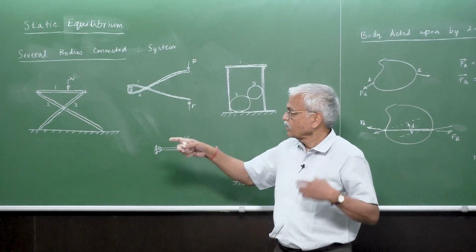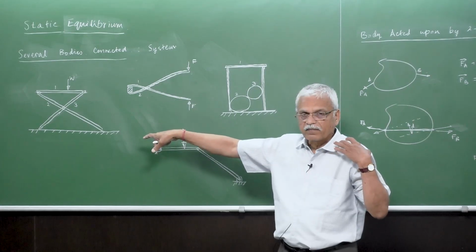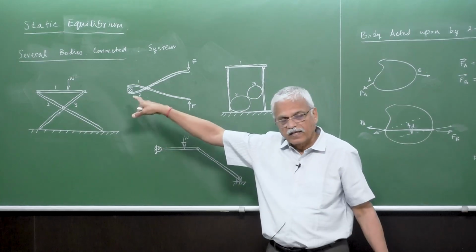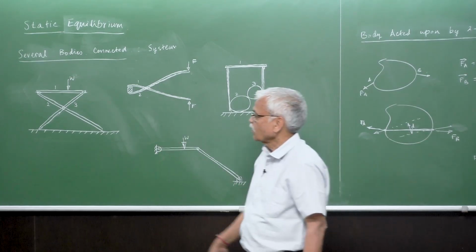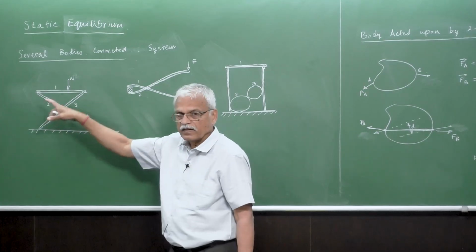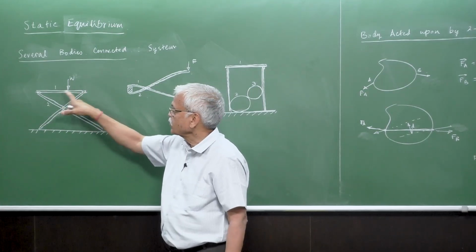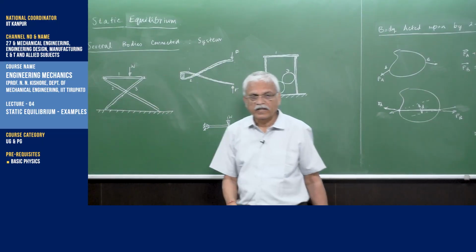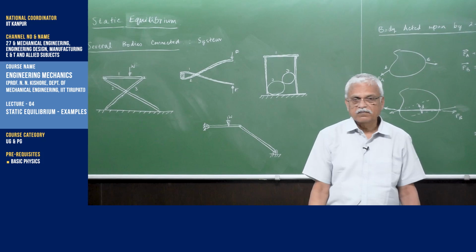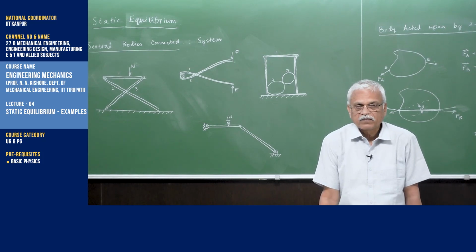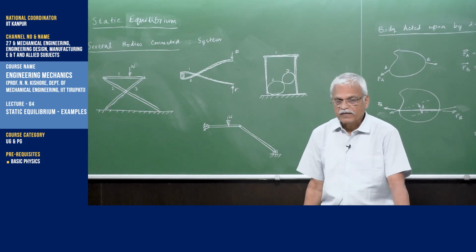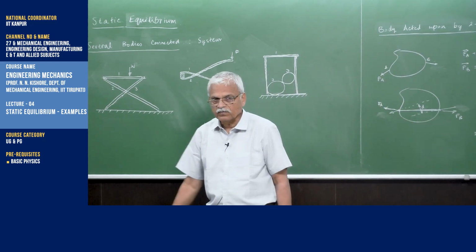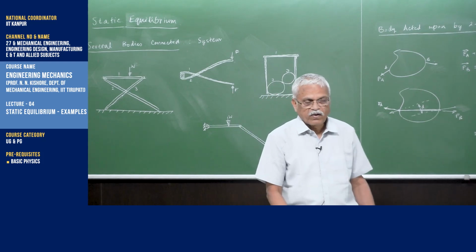But since the whole system is under equilibrium, any subsystem is also under equilibrium, not only each body here, but maybe only one top and one leg, or just the two legs. We are going to make use of that to find out the forces on each body.